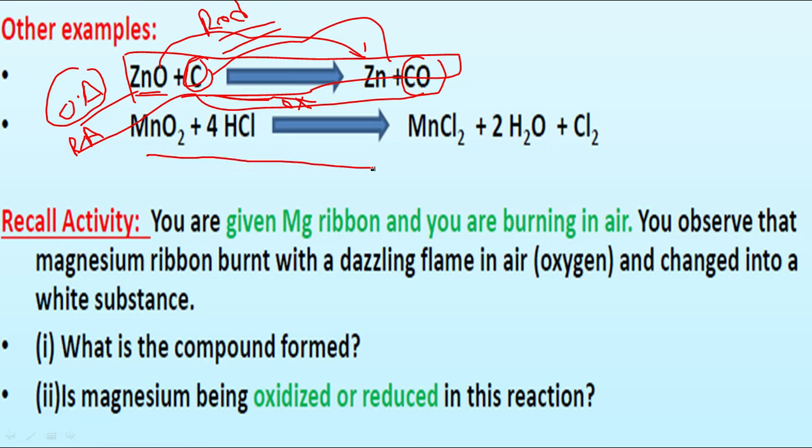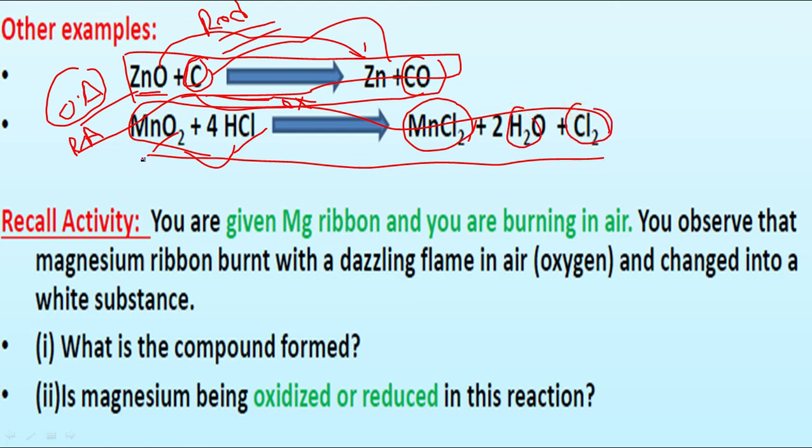Let us take another example, between manganese dioxide and hydrochloric acid. When both are treated together, it leads to the formation of manganese chloride, water and chlorine gas. You will observe that in this reaction, manganese dioxide is getting converted to manganese chloride. It means there is a loss of oxygen, which indicates the reduction process.